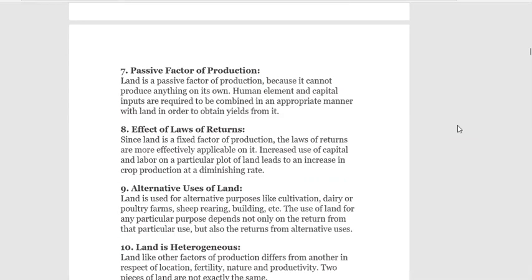It cannot produce agriculture. It cannot construct a factory. Even if you want to do mining, then also you have to dig the land with machineries and labor. That is why it is called a passive factor of production.